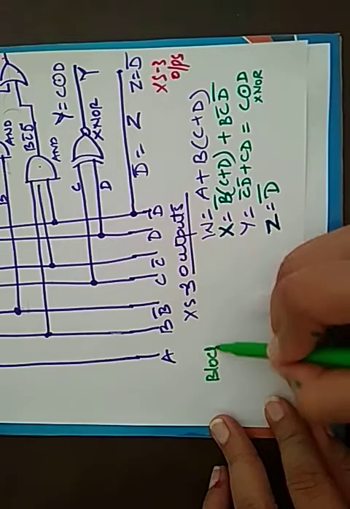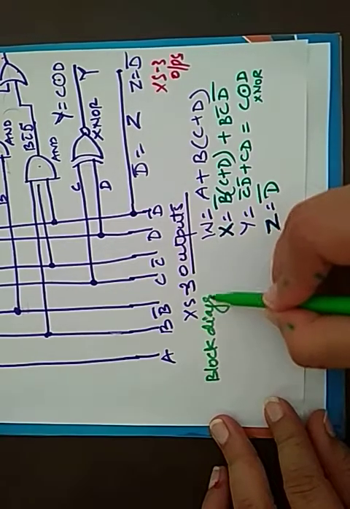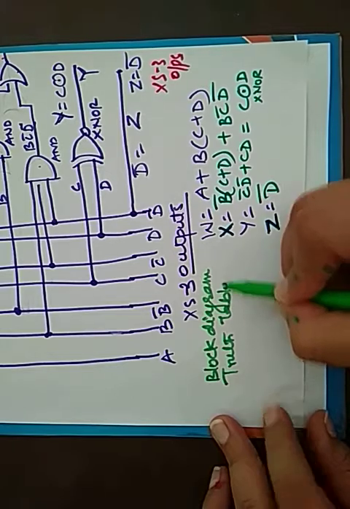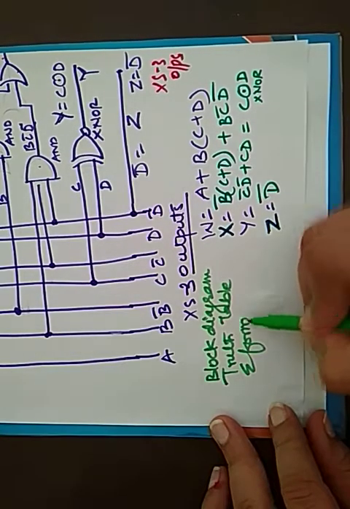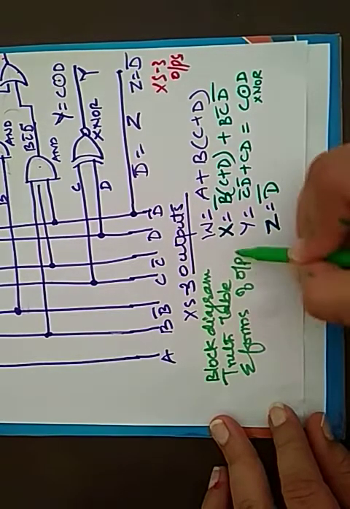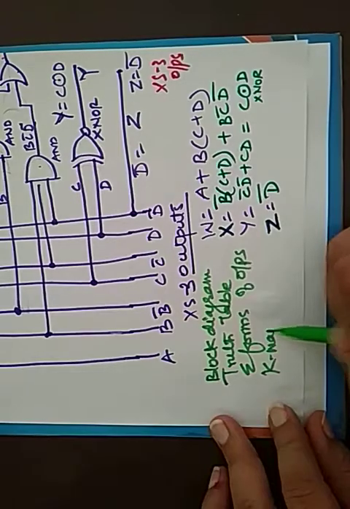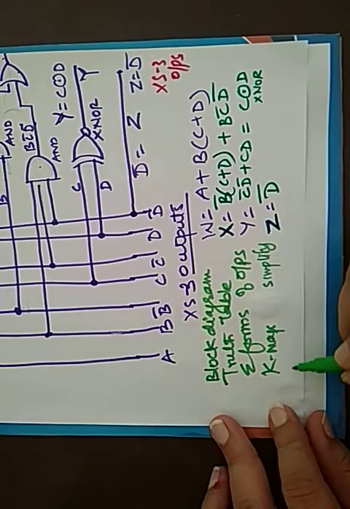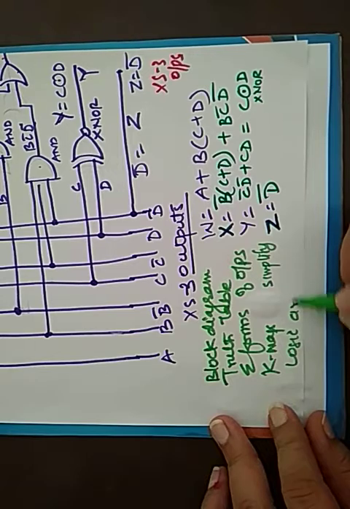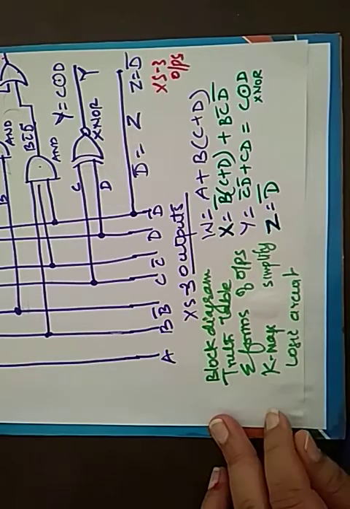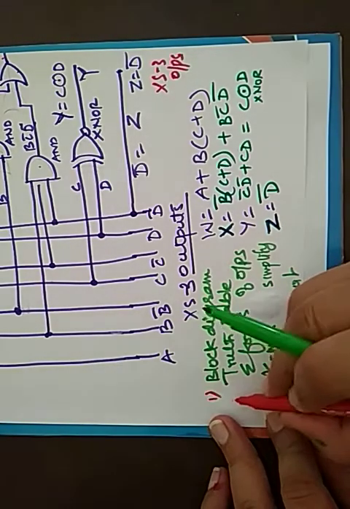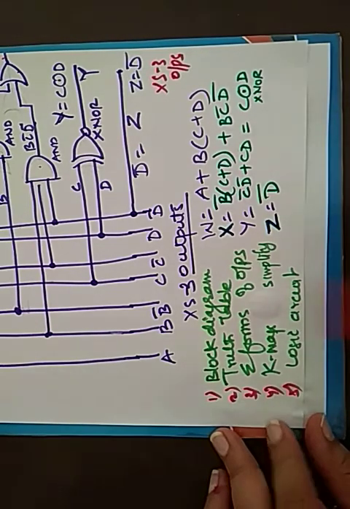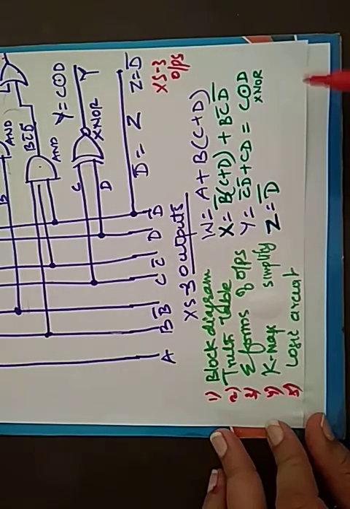First step is to draw the block diagram, then the truth table, then the sigma forms of outputs, then the K-maps, simplification of the outputs, and finally you draw the logic circuit. So these are the 5 basic steps to design any combinational logic circuit. Thank you.